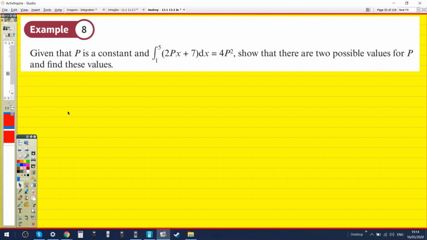So would I just do what we just did, and sub in the 5 into the x, and then the 1 into the x, and subtract?